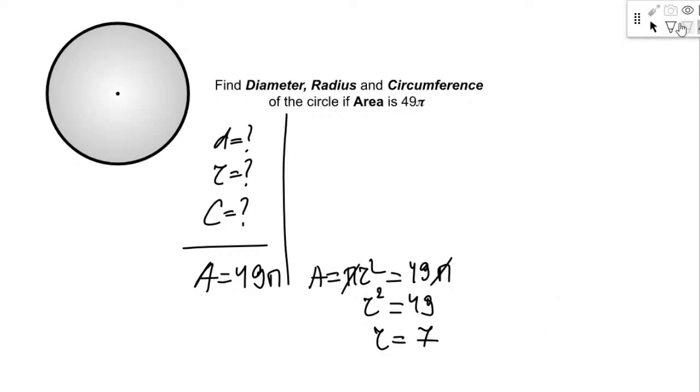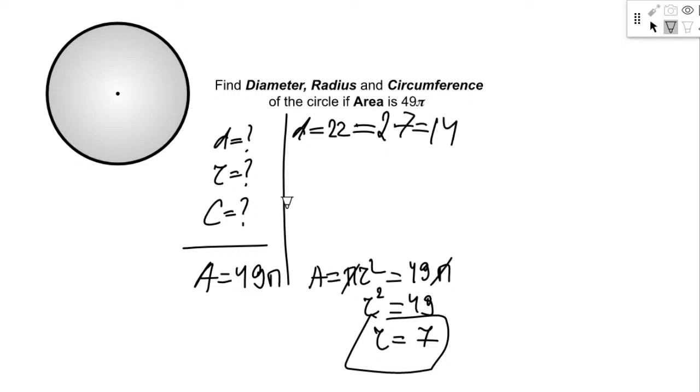So we found our radius. We have to find our diameter. Diameter equals 2r, and this equals 2 multiplied by 7, which is 14. And our circumference equals πD, or it would be 14π, or 2πr, and this would be again the same: 2 multiplied by π multiplied by r, and it's 7, so we get 14π.